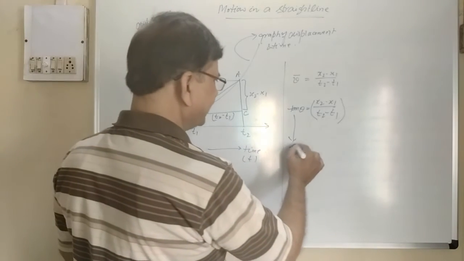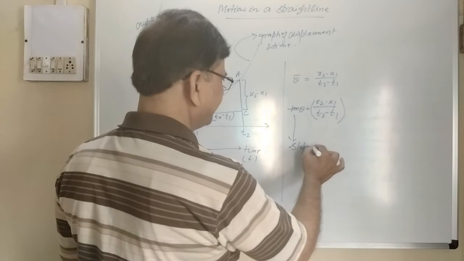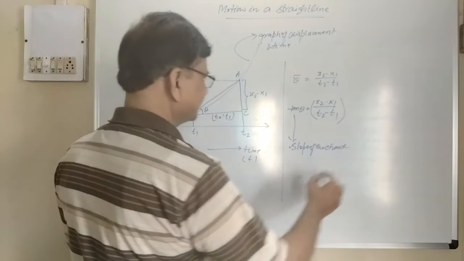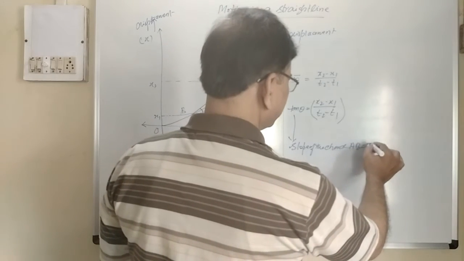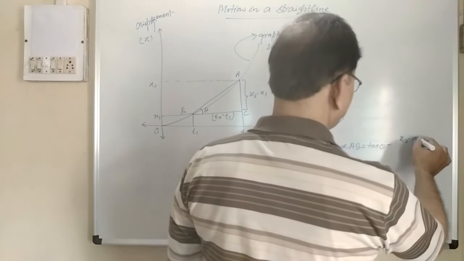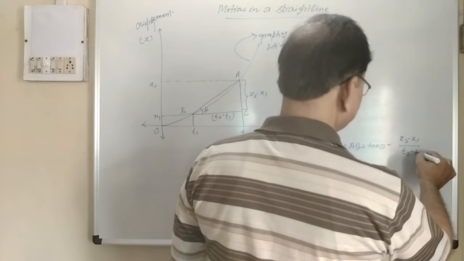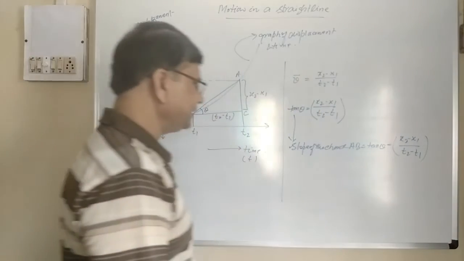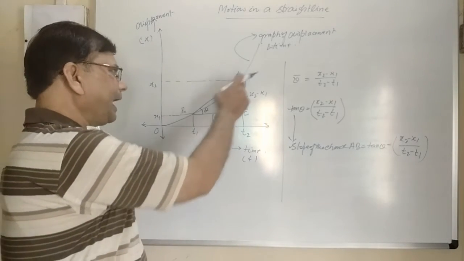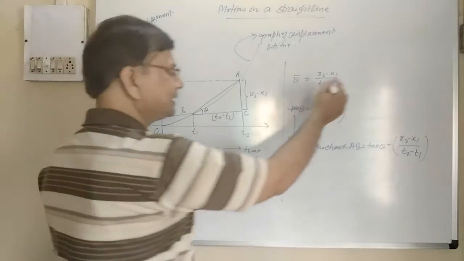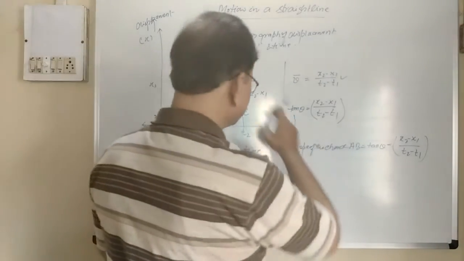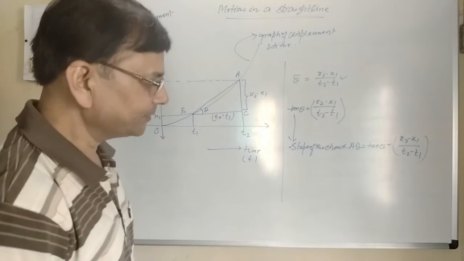So the slope of the chord AB is equal to tan theta, which is x2 minus x1 upon t2 minus t1. It means the average velocity between A and B is the slope of the chord.